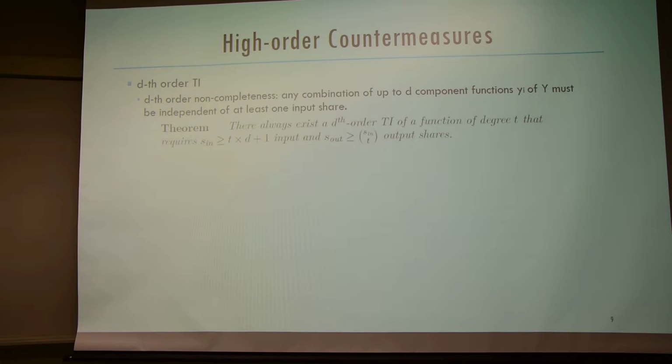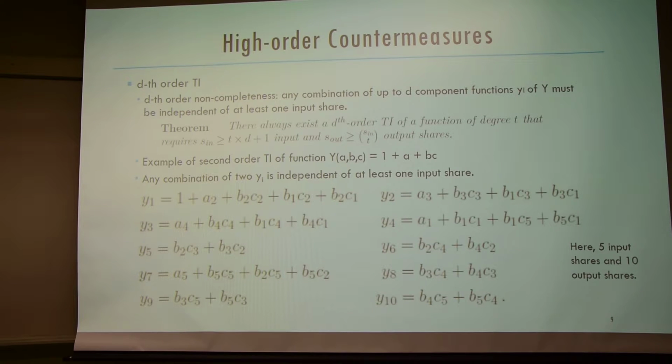Then you can get this definition. So there is also one theorem: there always exists a disorder TI of a function of degree T that requires T times D plus 1 input shares, and the input share select the T output shares.